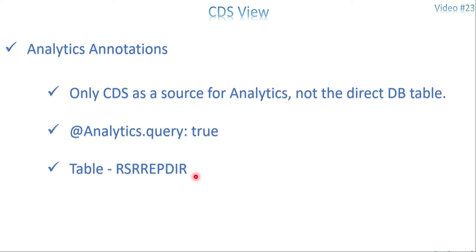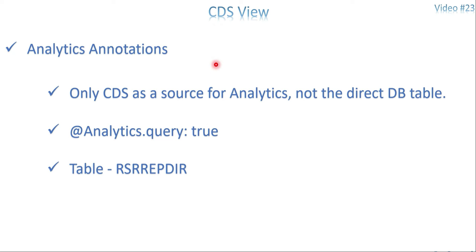Sometimes you might miss some annotations or some problem might happen, and the RSRT transaction is not able to recognize your view. Then go to the table and find out whether your CDS view has been added. If your CDS view is not in this table, then RSRT is not able to run any tooling report of your CDS view. That is just for your reference.